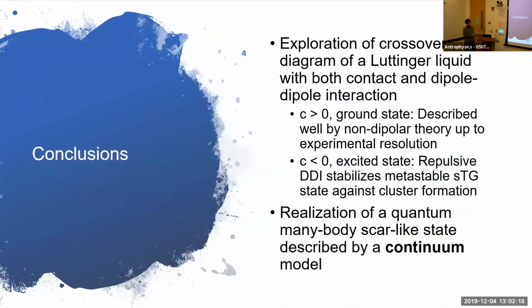And more interestingly, in an excited state created by the quantum quench, we've seen that the repulsive dipole-dipole interaction stabilizes this metastable supertonic state against cluster formation. And in the end, I've also shown you that this may indicate the realization of a novel quantum many-body scar state, which is the first of its kind in our continuum model.